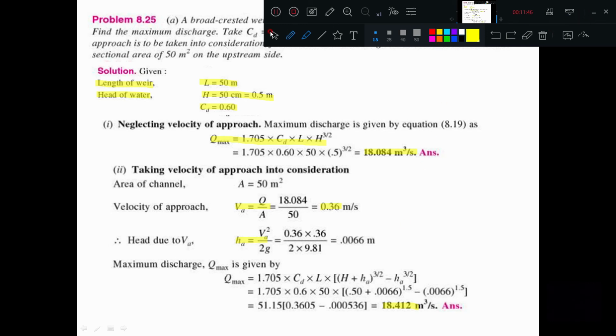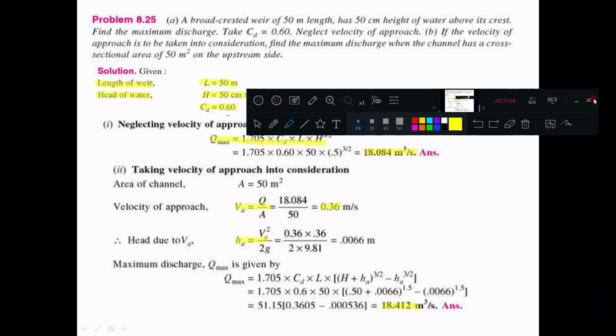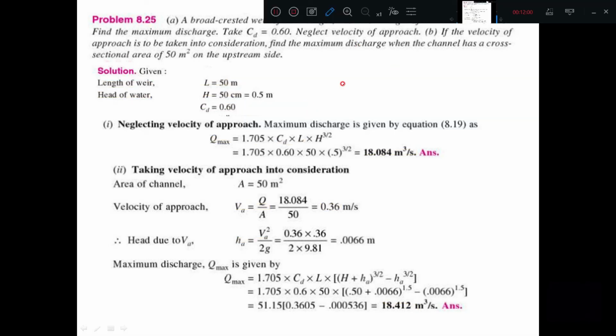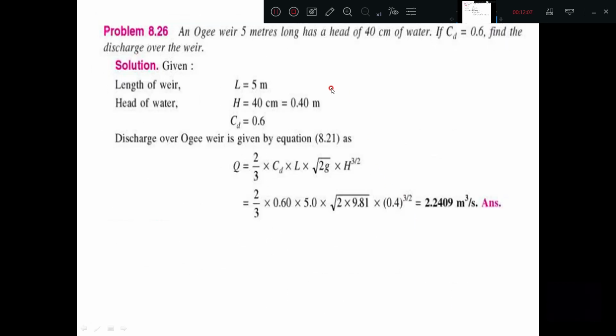Okay, let us take the next problem. So here an Ogee weir 5 meter long has a head of 40 centimeter of water.